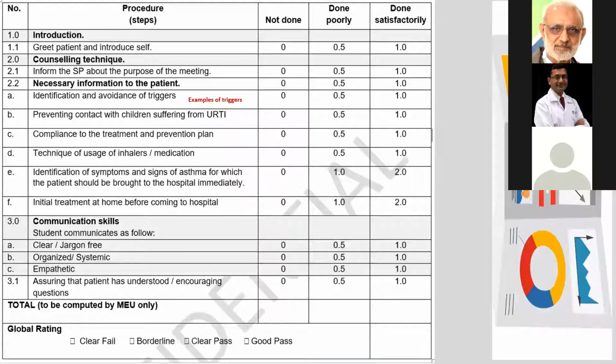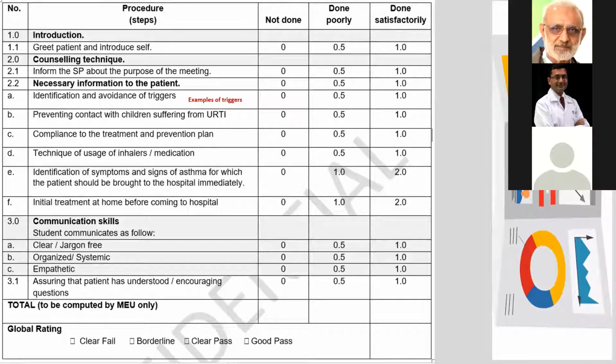Here is an example of a scoring scheme of a counseling session. It has been divided into three major sections: introduction, counseling technique, and communication skills. The marks are given for each category.